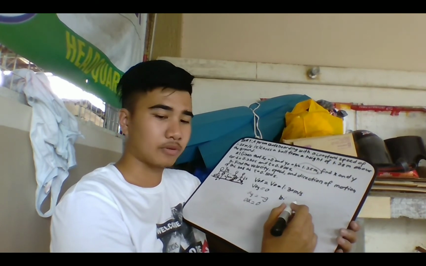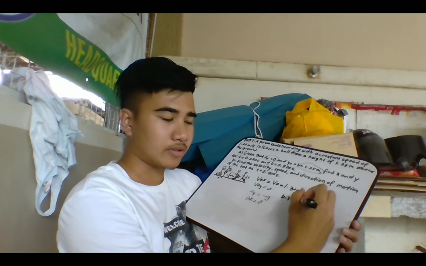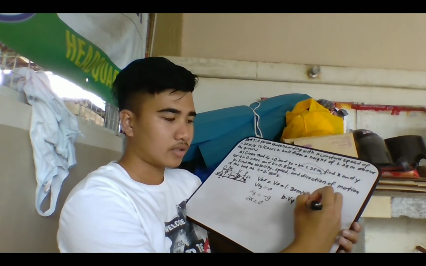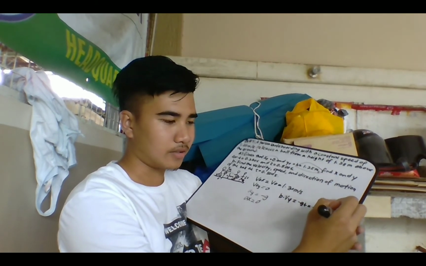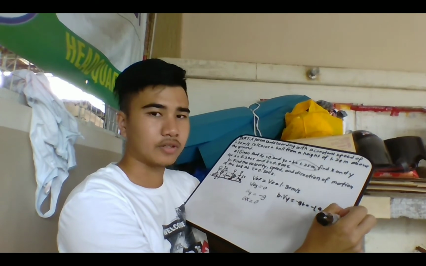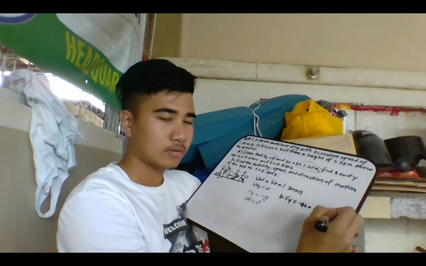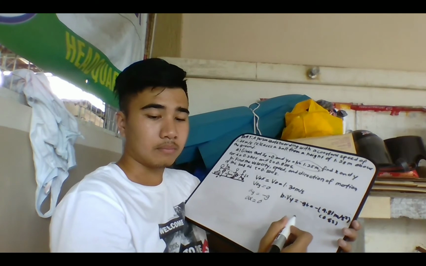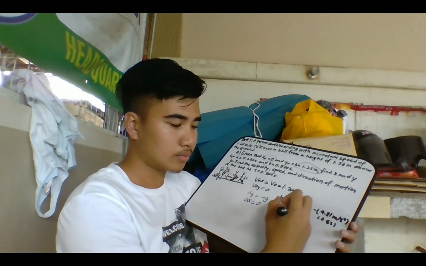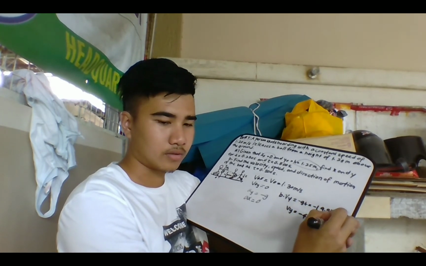For v sub y, v y is equal to negative gravity, which is negative 9.81 meters per second squared, times the time 0.5 seconds, the given time. v y is equal to negative 4.91 meters per second.